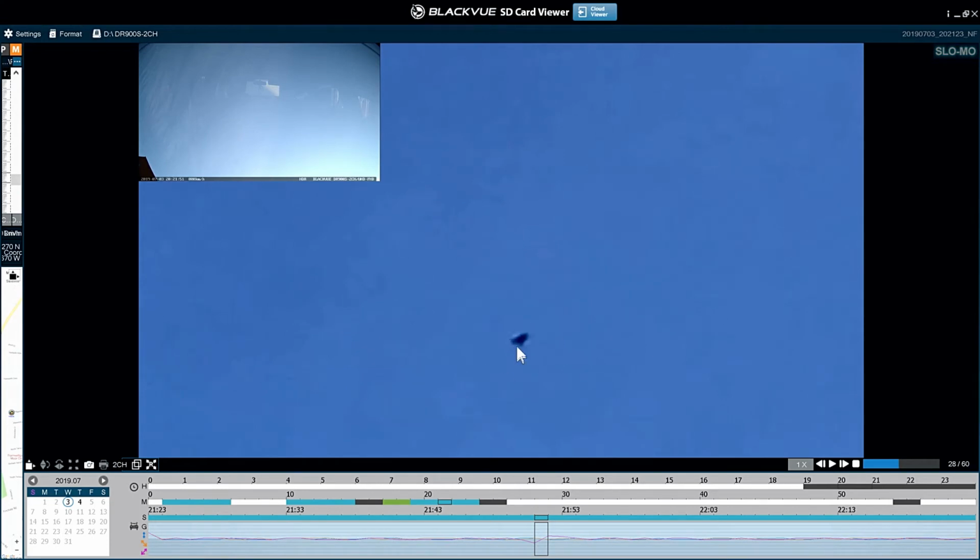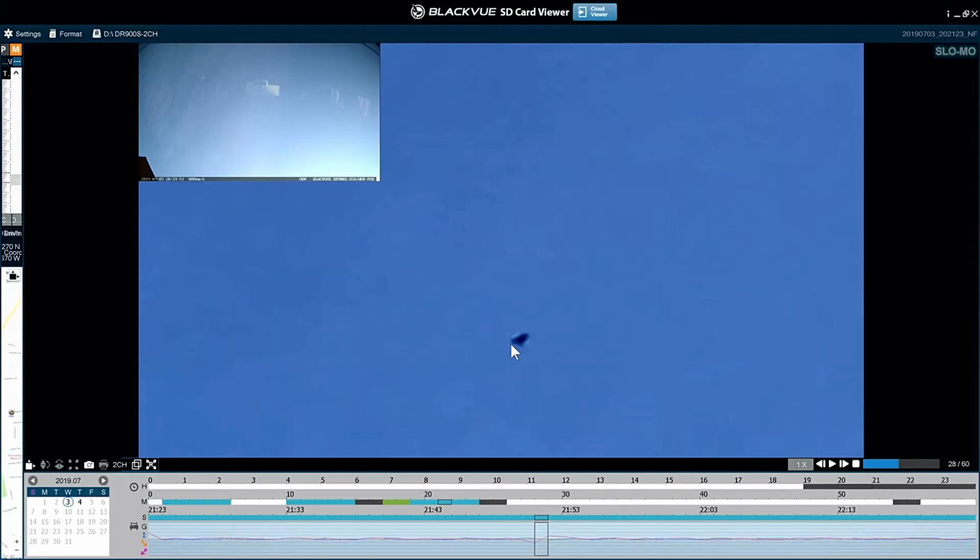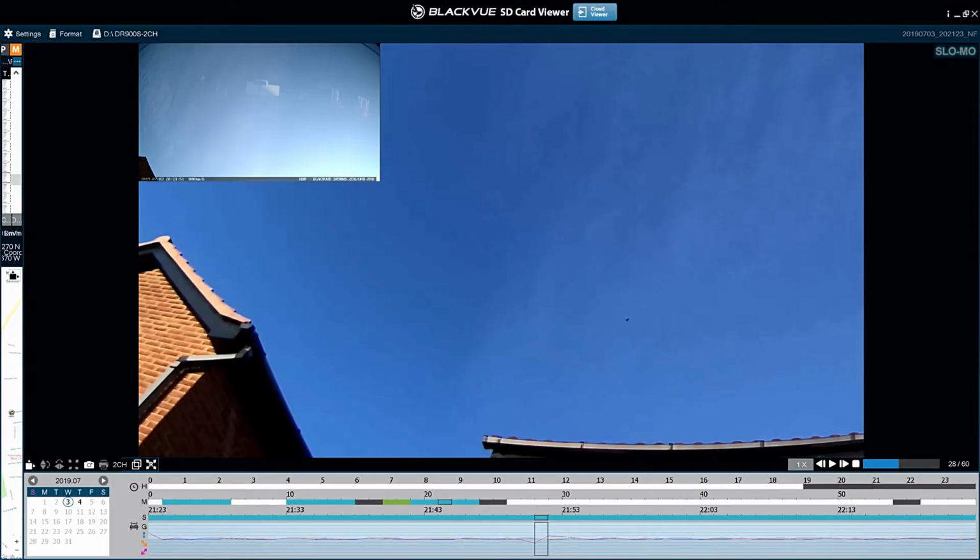You can still see the tip a little bit, and then, how can I describe it, it's like something we used to play on when we were little, that goes around and around. I can't remember the name of it. But anyway, it looks very much like that.